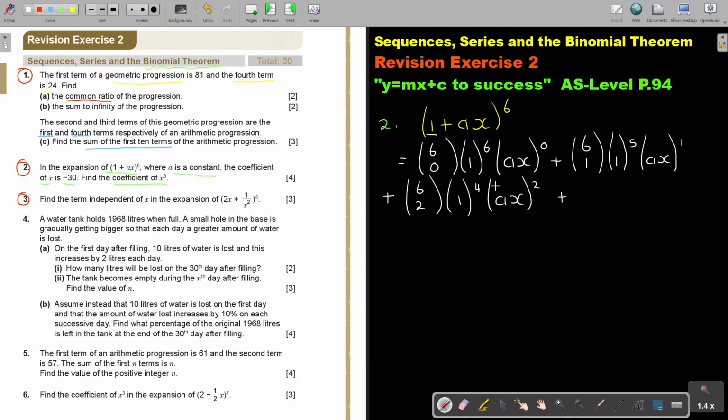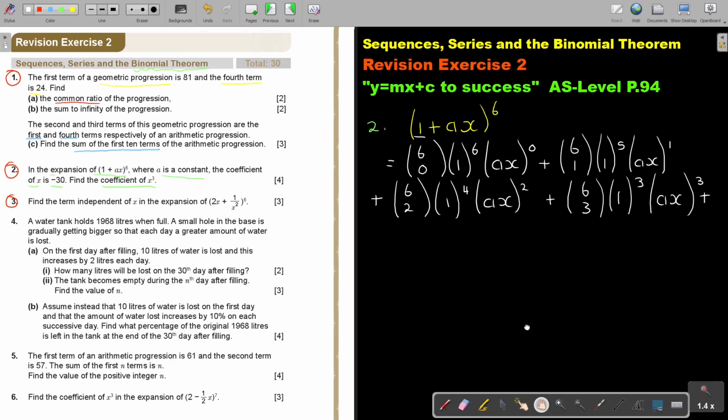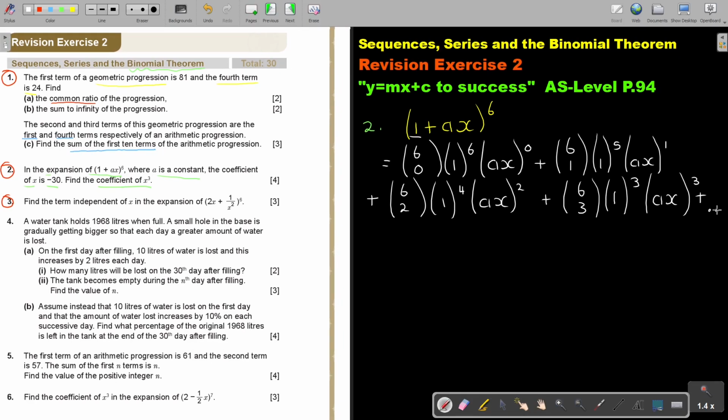But remember, I want to go up to x3, and this is now first x2. I'm going to need, so let's just continue. 6 and 3, and then it's going to be 1 to the power 3, 6 minus 3, and then ax to the power of that r. It actually continues, but I don't need the rest. This is enough to help me in this calculation.